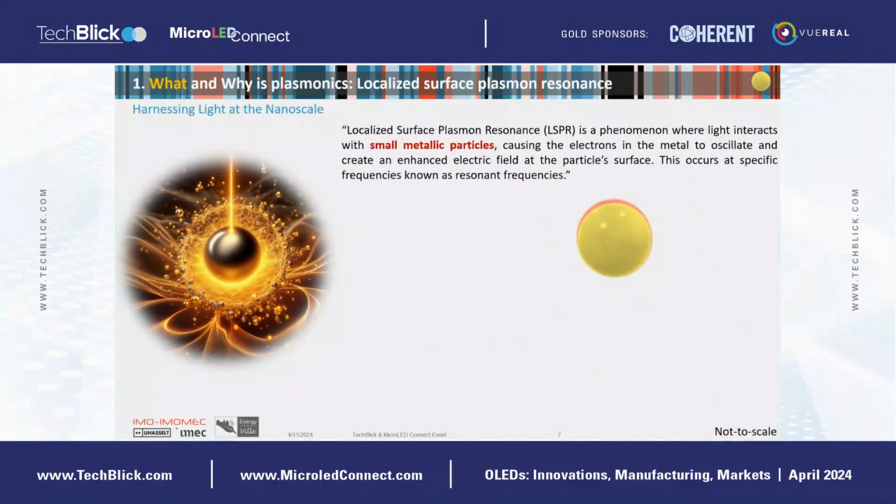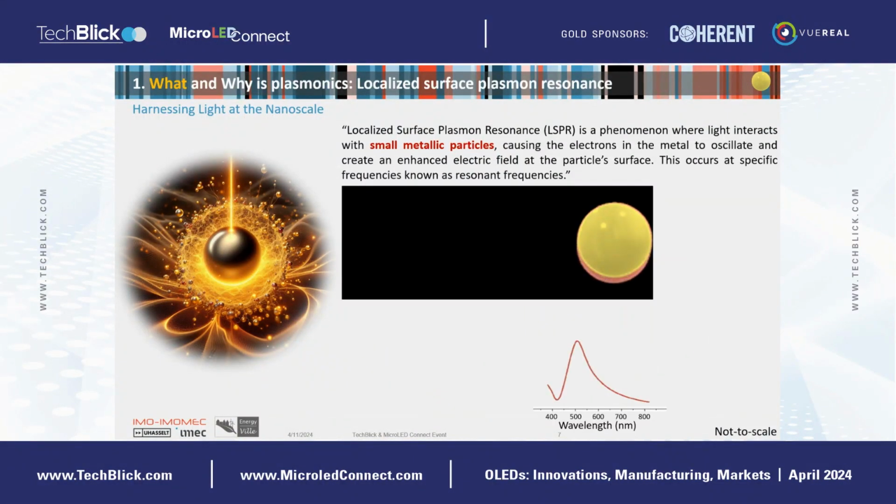So what is localized surface plasmon resonance? Localized surface plasmon resonance is an interaction of light with small metal particles where it causes the electrons in the metal to oscillate, which creates an electric field. Let me explain this. Consider a metallic nanoparticle. It could be gold. Consider it as oscillating at a certain wavelength or frequency, and use a light at a certain wavelength.